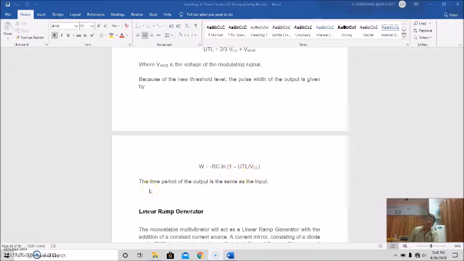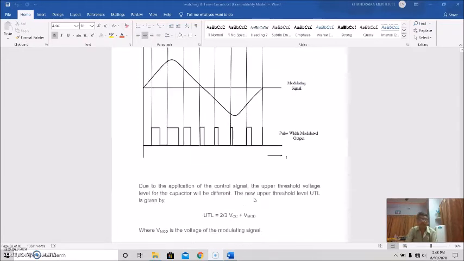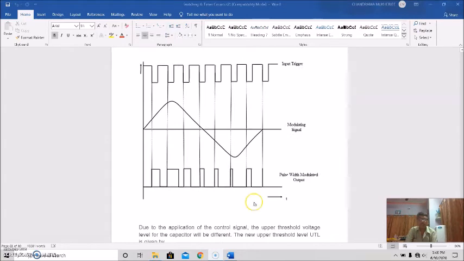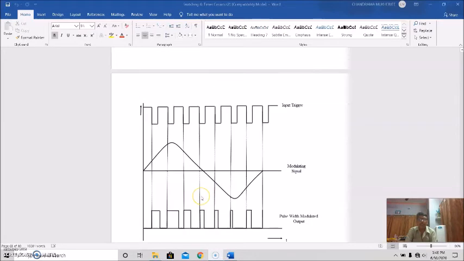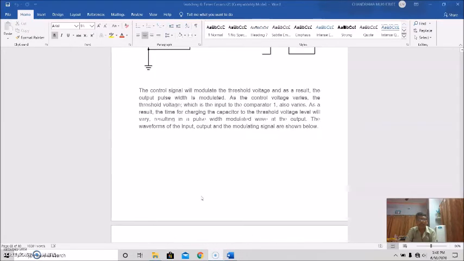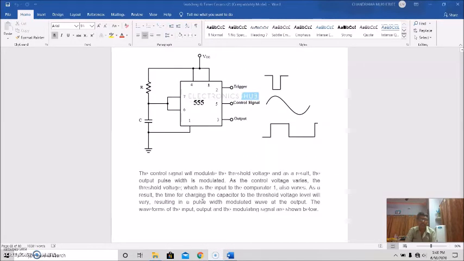So the time period of the output is the same as the input, but the pulse width is being modulated. That is how, by applying a modulating signal, which works as a control signal applied at pin 5, the pulse width is changed.